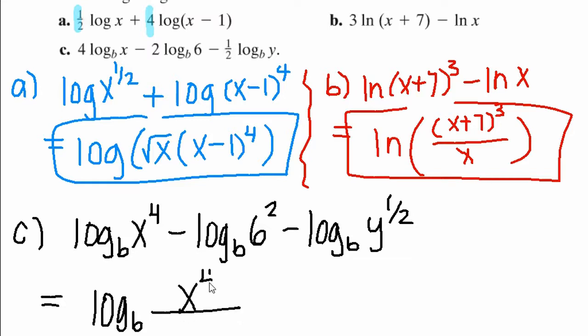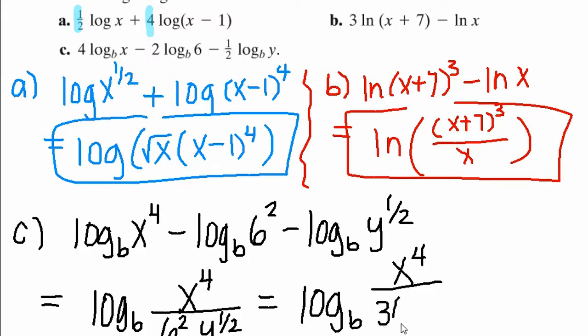So x to the 4th is positive, so it goes on top. Both of these subtractions mean division, so they go down here. And the only other change I could make on this one is I could simplify 6 squared to be 36, and I can rewrite y to the 1/2 as the square root of y.